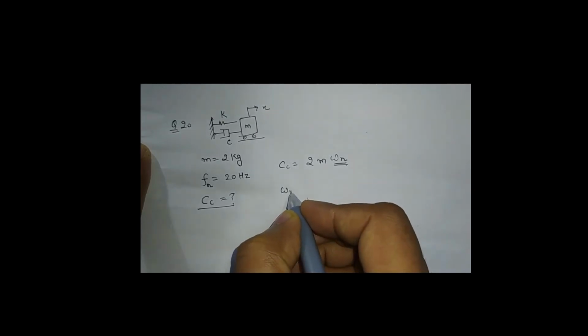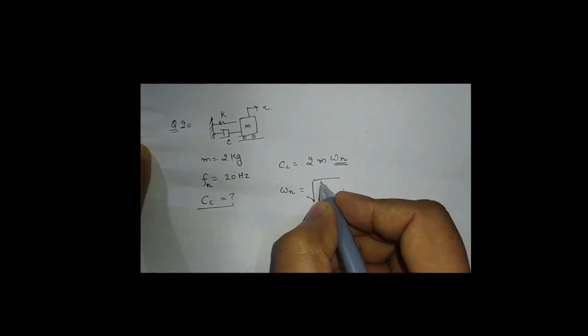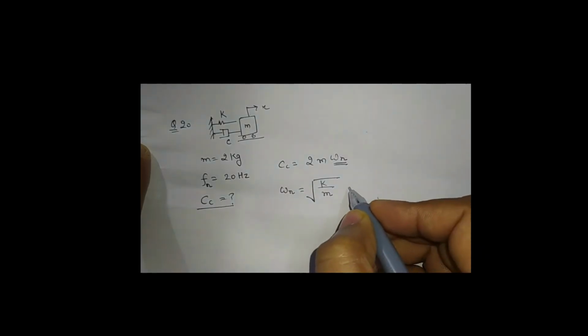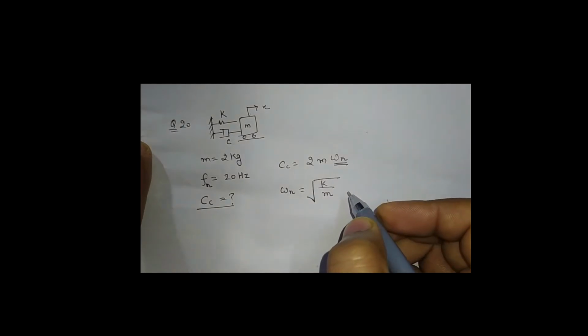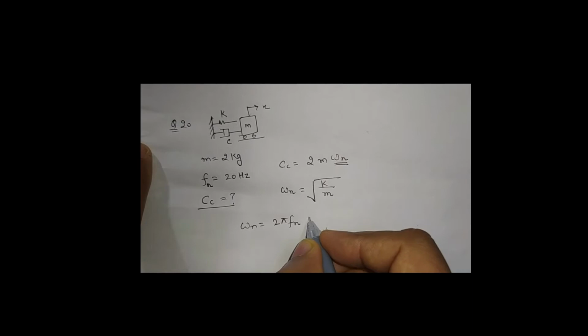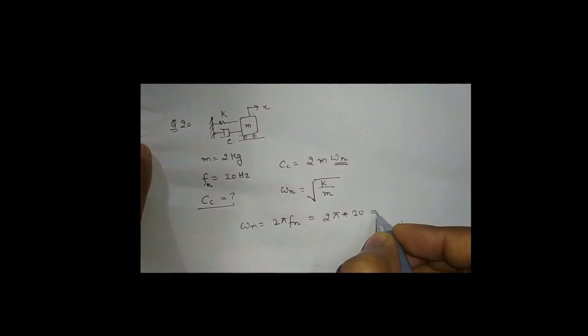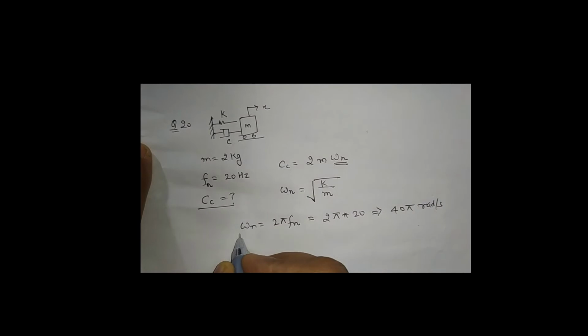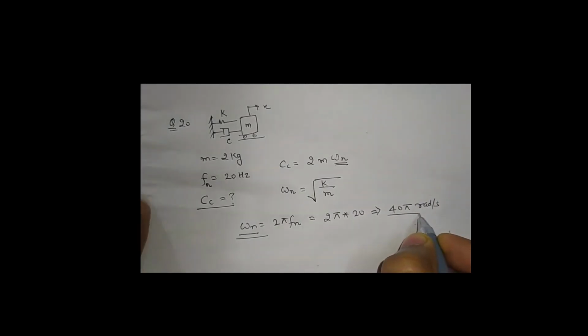We know that omega n is root of k by m for a spring mass system, and also omega n is 2 pi Fn. 2 pi into 20, we will get 40 pi radian per second. This is the natural frequency in radian per second.